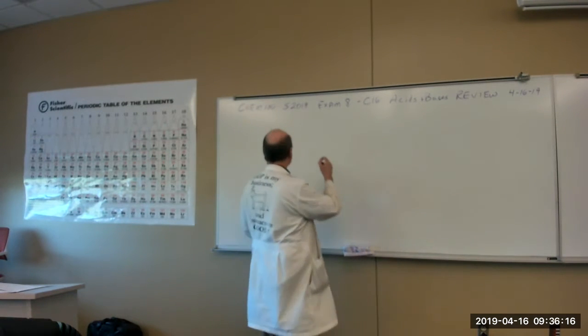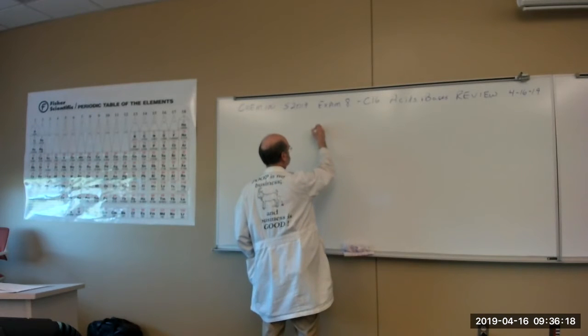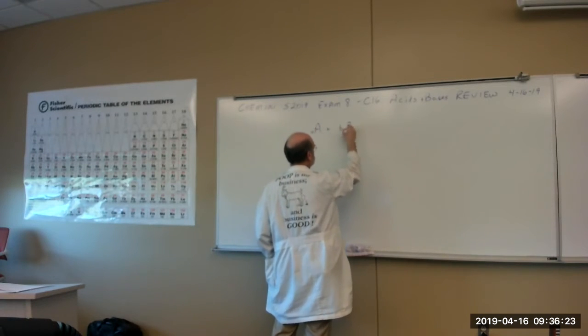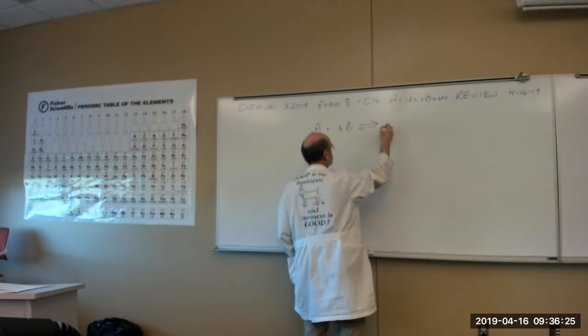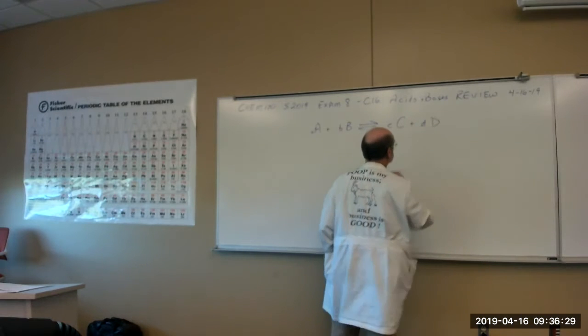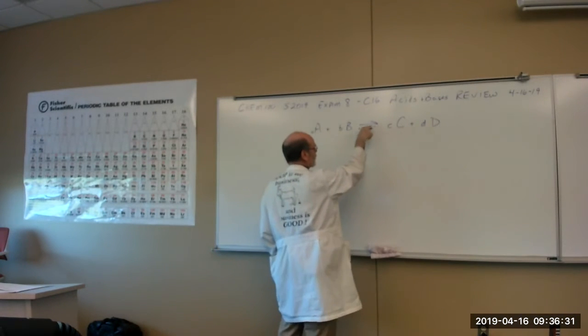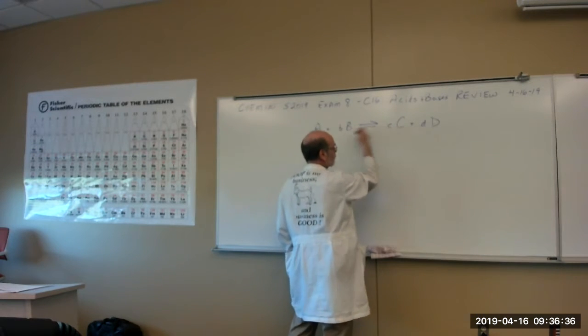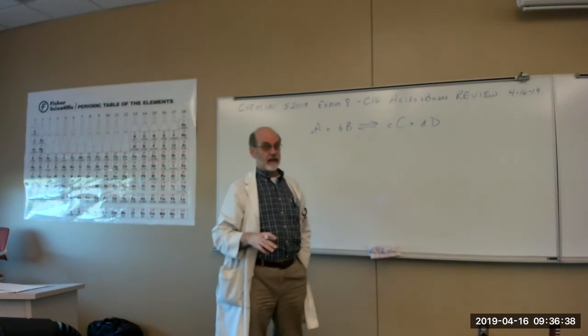For instance, if you have a reaction like this, these double arrows mean that the forward reaction and the reverse reaction are occurring at the same time.